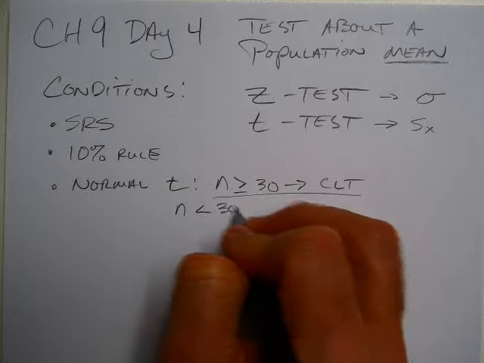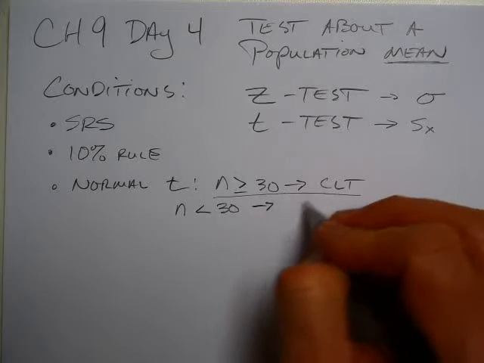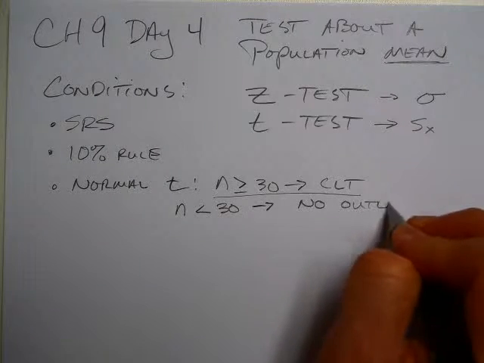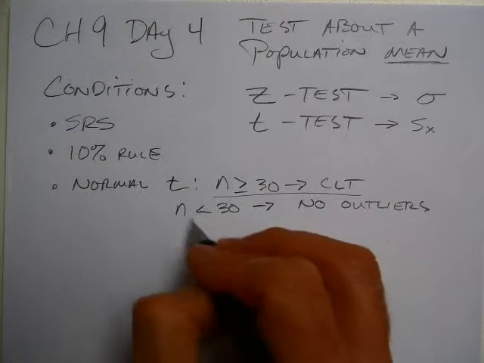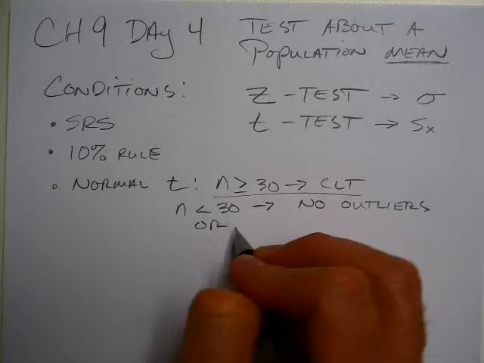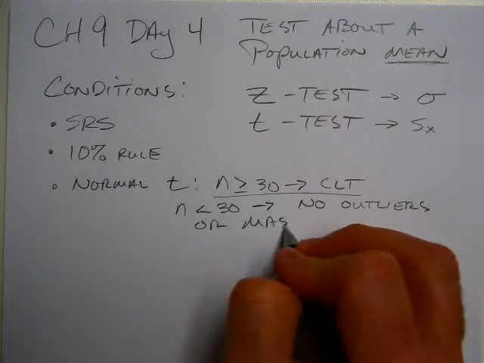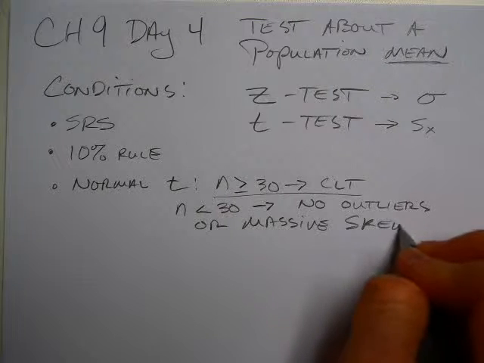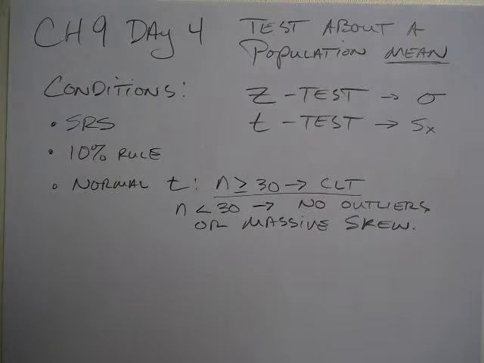less than 30, we need to show or see that there are no outliers or massive skew. And to be honest with you, I'm not sure what a massive skew would look like without an outlier. That's just my thought on that.